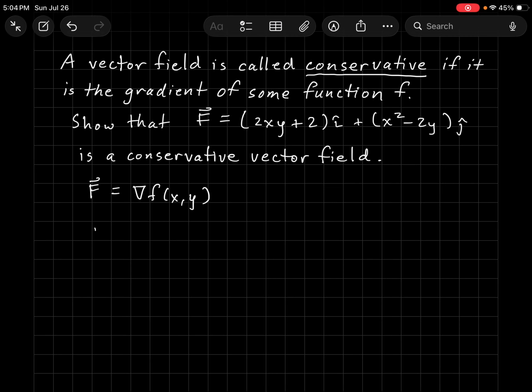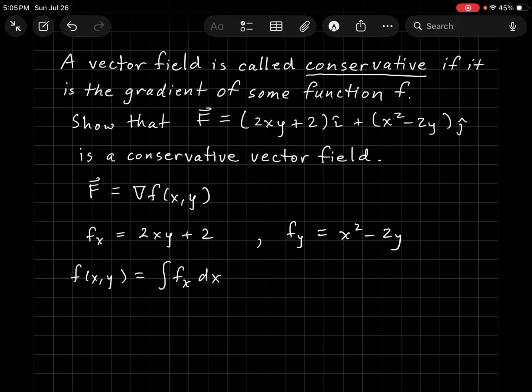Notice that F sub x is 2xy plus 2. So the partial with respect to x of f must be this if big F is indeed conservative. And then if we do have a conservative vector field, then the partial with respect to y of little f must equal x squared minus 2y. So given this, our function could be found by doing the integral of the partial with respect to x, dx.